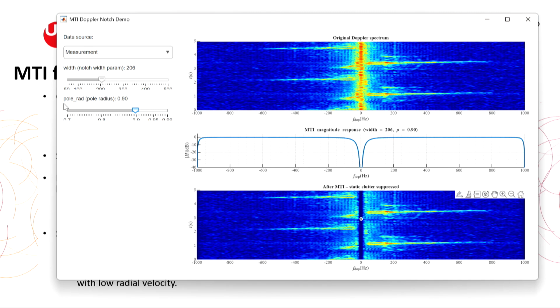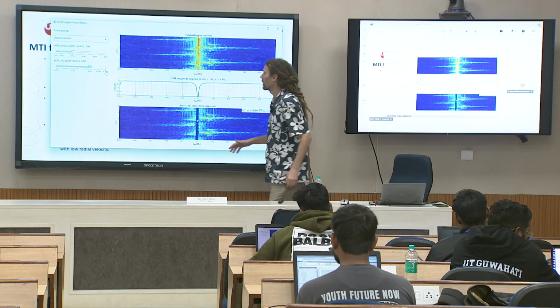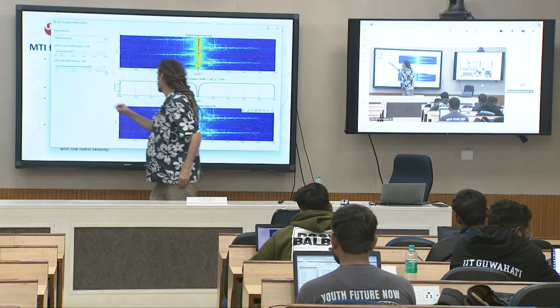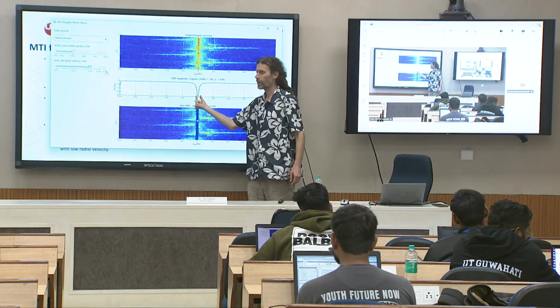So if I go with pole radius to higher values, this will be more and more steep and closer to each other, so it will be more and more narrow, and this is the control of width.